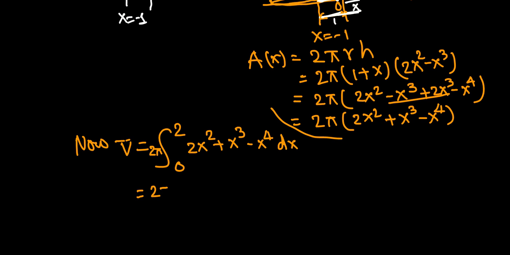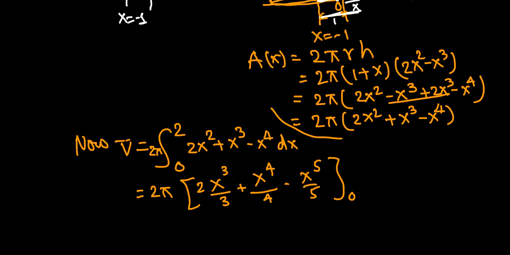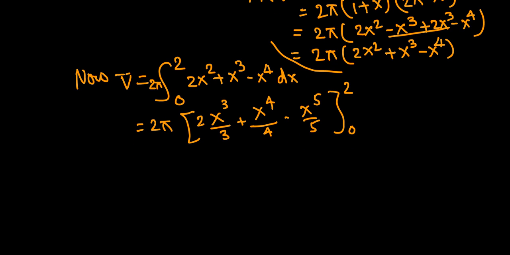Now let's evaluate. I want to find the antiderivative of 2x squared, which is 2 x cubed over 3. For x cubed, x to the 4th over 4, minus, for x to the 4th, x to the 5th over 5. And we want to go from 0 to 2. So 2 pi times this function evaluated at the upper limit 2 minus the lower limit.